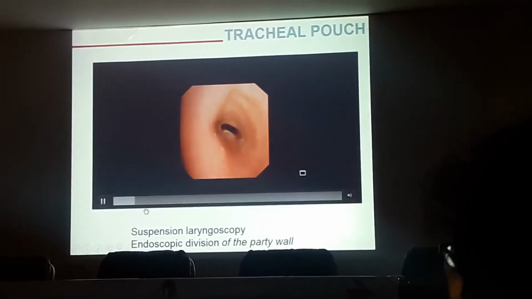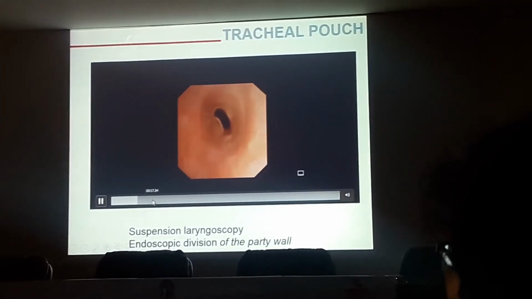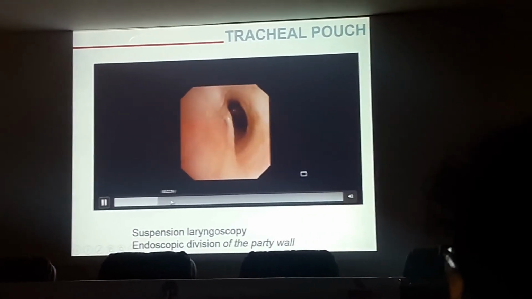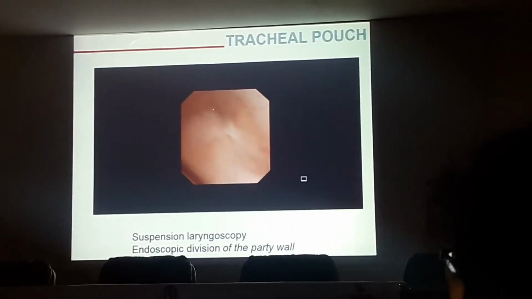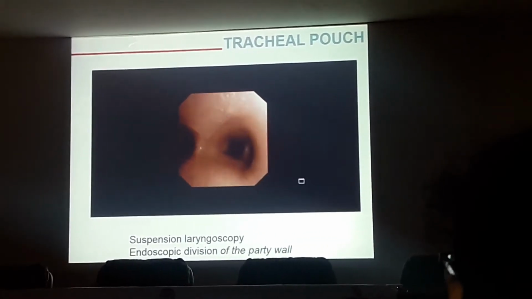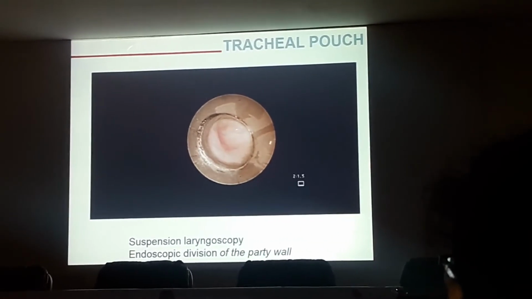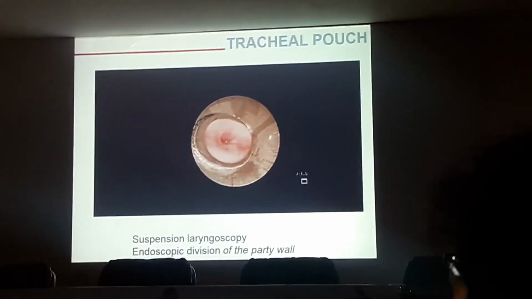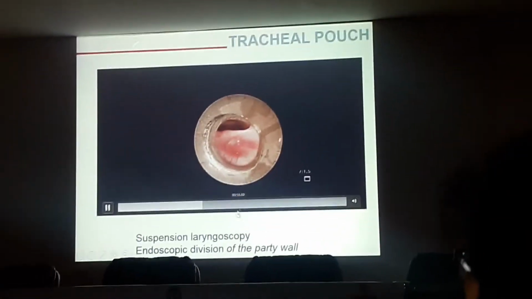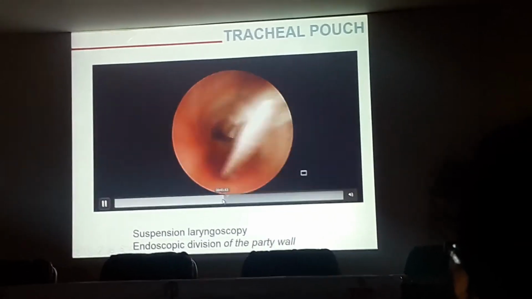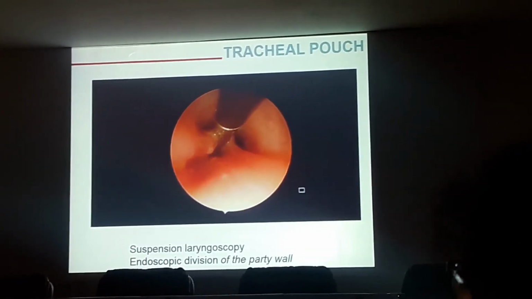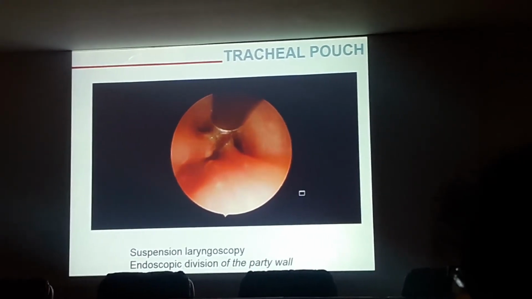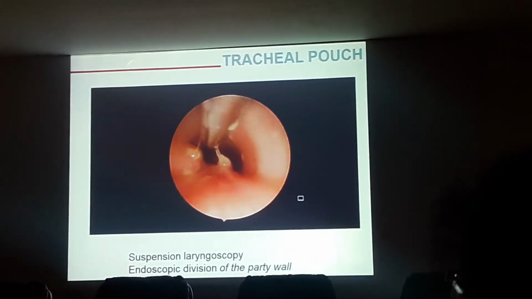So if we go into this particular patient, there is a pouch that can be seen, and once we go inside this pouch, you can see that there is no fistula or residual fistula. So this is a pure pouch. That's why in fact we are going into the pouch, and you can see that he has a tracheostomy, and this is where in fact the tip of the cannula goes into this pouch, and he has had a couple of dying spells at home.